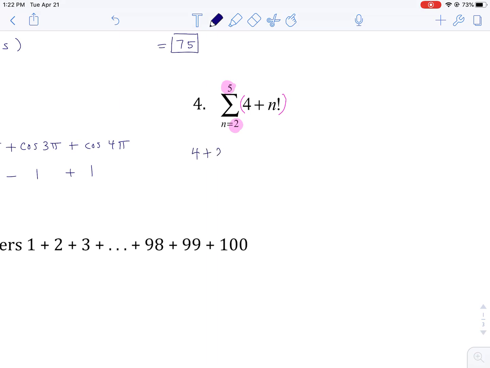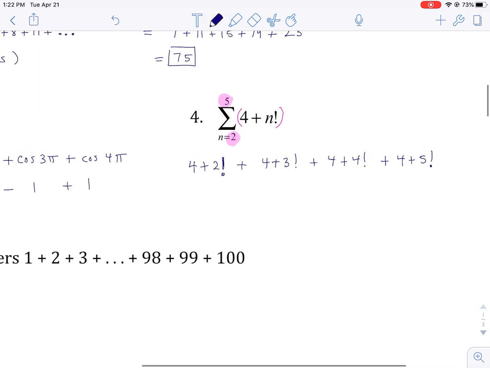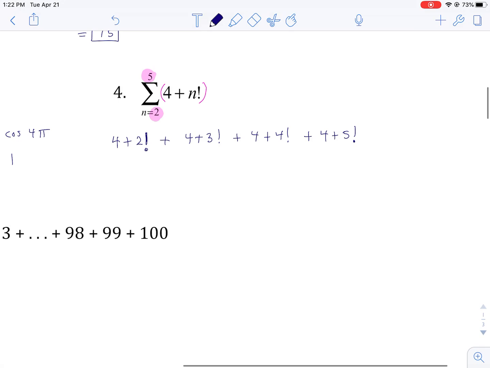Okay, so we would have 4 plus 2 factorial, and we'll add that to 4 plus 3 factorial, 4 plus 4 factorial, and then 4 plus 5 factorial. And of course, factorials, by the way, they're on your graphing calculator under math probability.